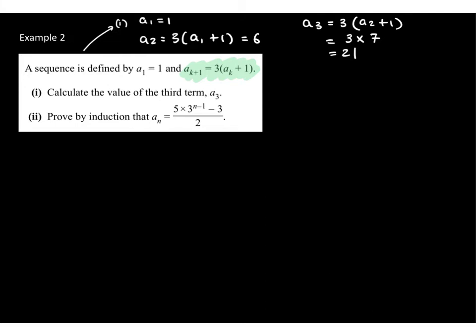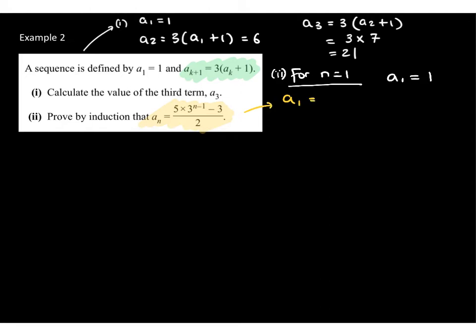So part 2, we have to prove this result by induction. So part 1 of this will be to prove that the result is true for n equals 1. So for n equals 1, we know that a1 is equal to 1. Now, what does this general formula here tell us about a1?